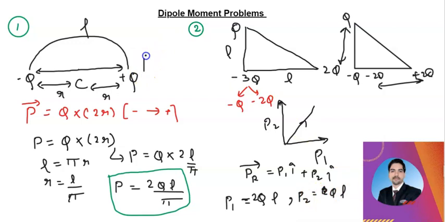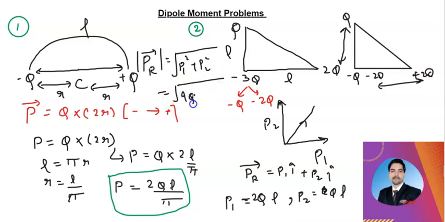We can easily calculate the resultant dipole moment magnitude. How much will it be? Under root P1 square plus P2 square. Clear? So how much will be P1 square? 2 2s are 4, 4Q square L square plus Q square L square.